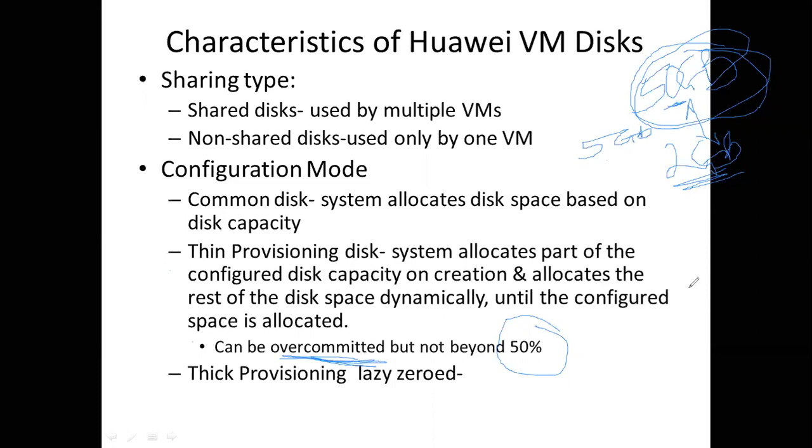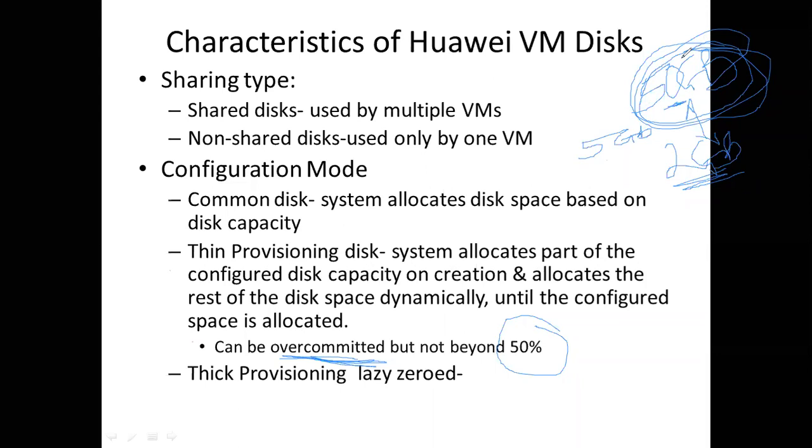Yes, please, Refilo. By overcommitment, that means we say that the virtual machine is allocated more than what is available. So in this case, assuming that we have allocated 50 gig, what does overcommitment mean?